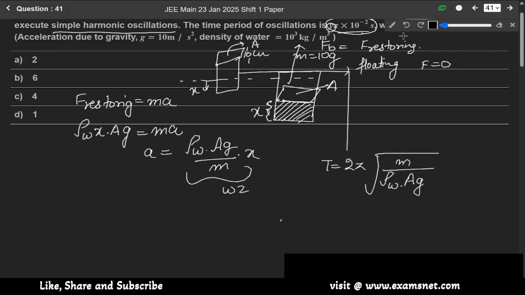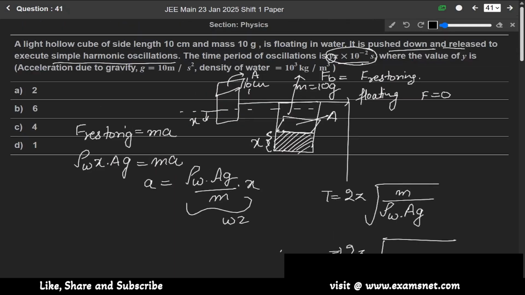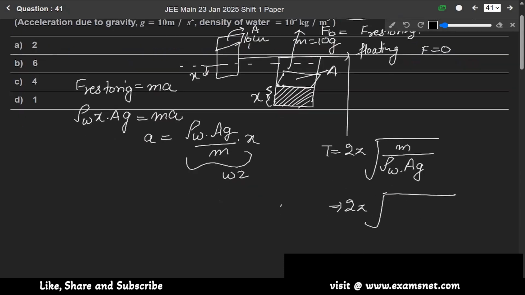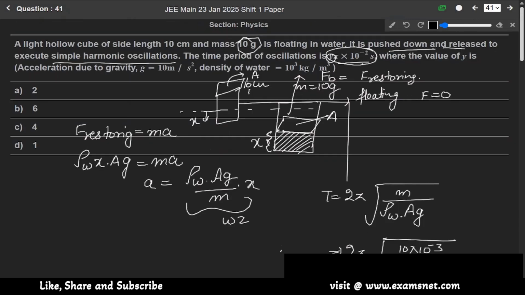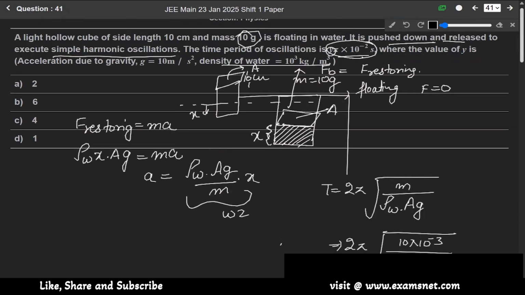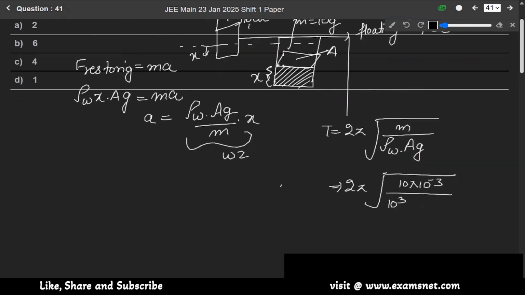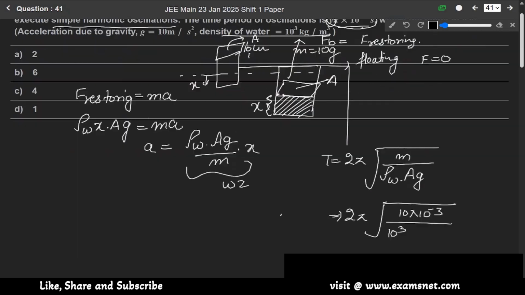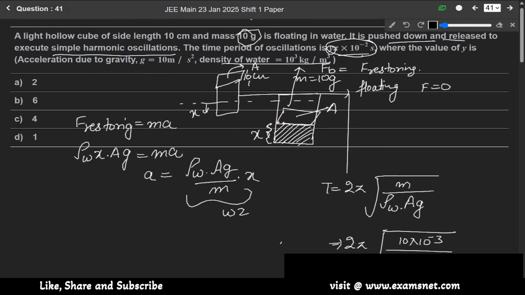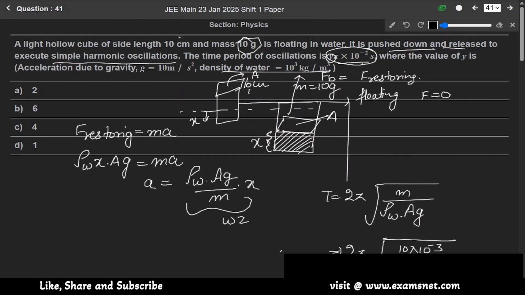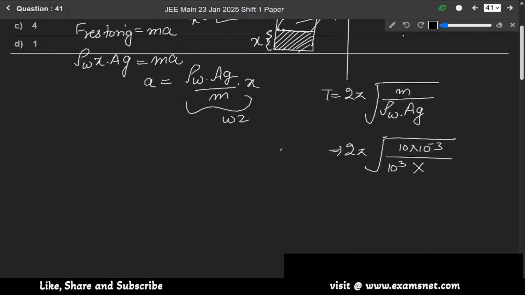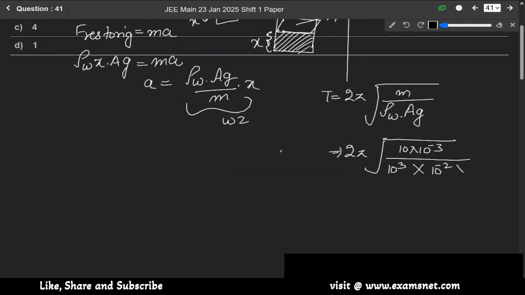So it will be equal to 2 pi under root of mass. Mass is given as 10 gram, which means 10 into 10 to the power minus 3, over density. Density of water is given as 10 to the power 3 kg per meter cube, and the side length is 10 centimeter, which means 10 to the power minus 1, so area is 10 to the power minus 2, into gravity.